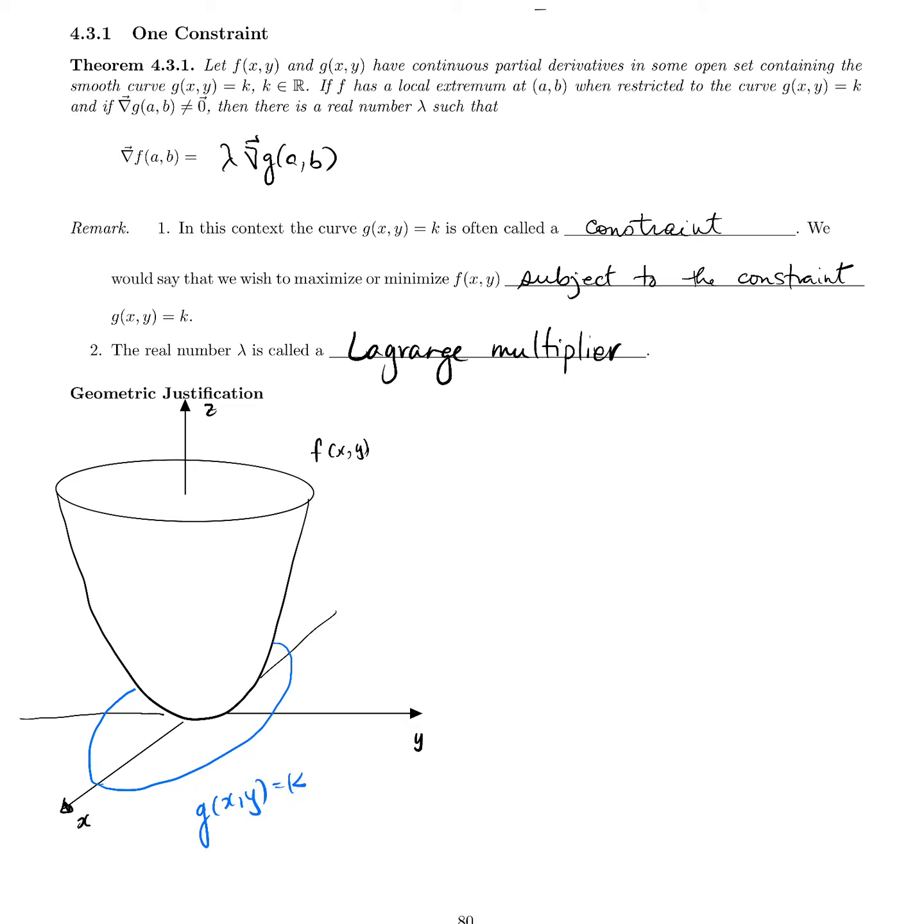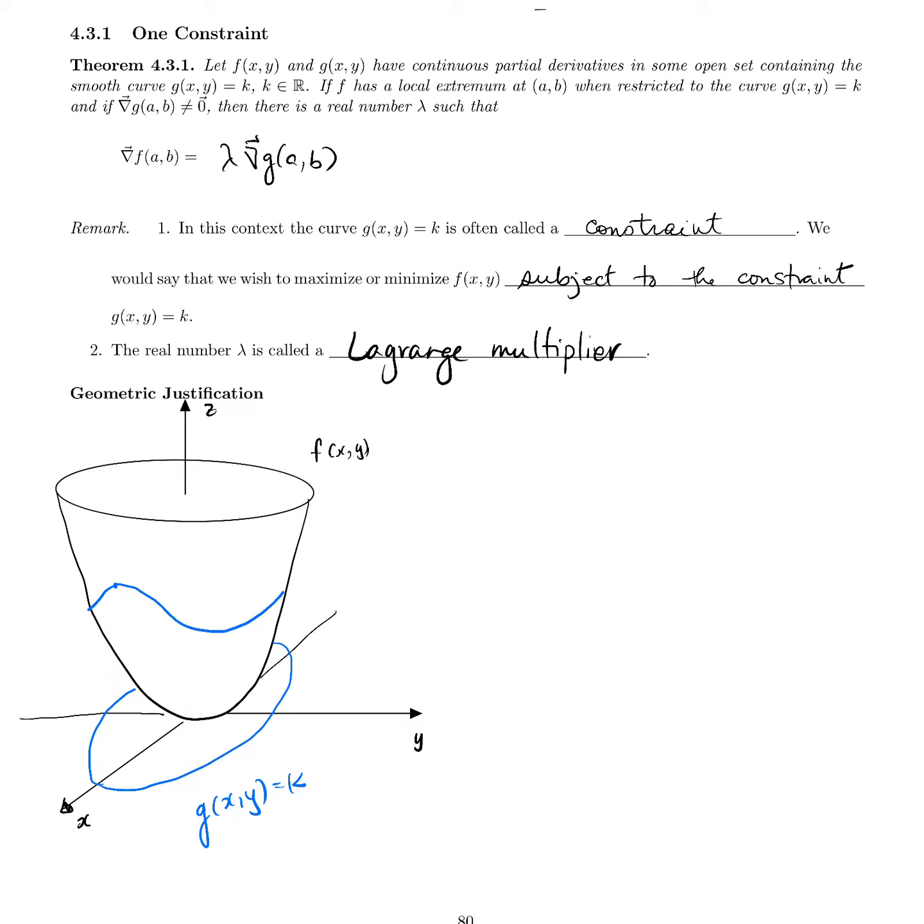If we're going to restrict f to this curve, that means we're looking at the image of this curve up on the surface. We're looking at the values of f when taken on this curve only. So let's imagine that the curve maps up, so that if we take all of these points and take the images up, we can draw the curve on the surface.